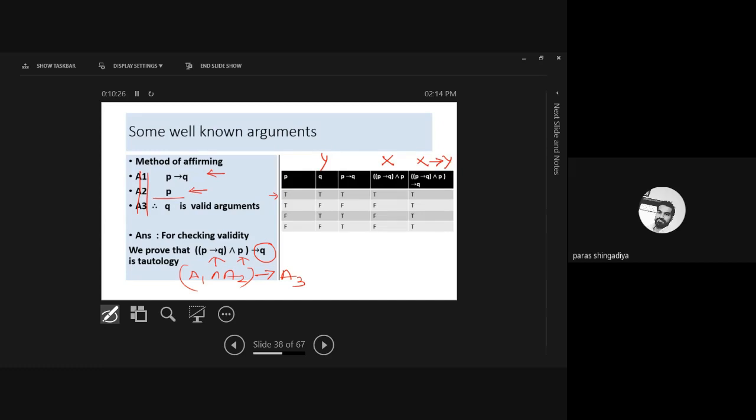Here you can see that first both are T, so it will be T. In the next place both are F, so it will be T. Third one is F implies T.